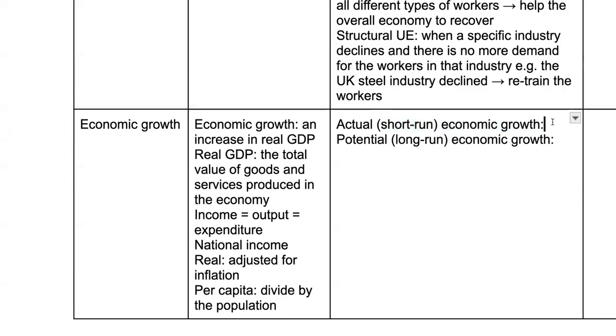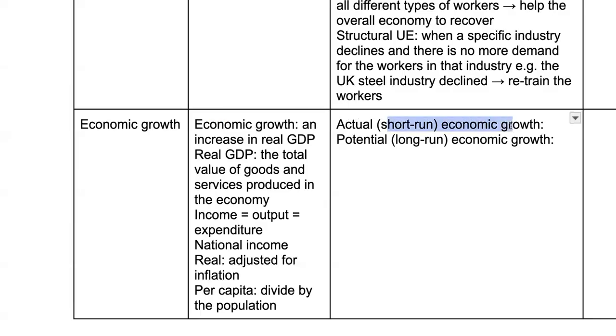So does anyone know, if economic growth in general is an increase in real GDP, what's the difference between the actual economic growth and the potential economic growth of a country? Wait, can you repeat that one more time? Yeah, so economic growth is an increase in real GDP. There's two types.